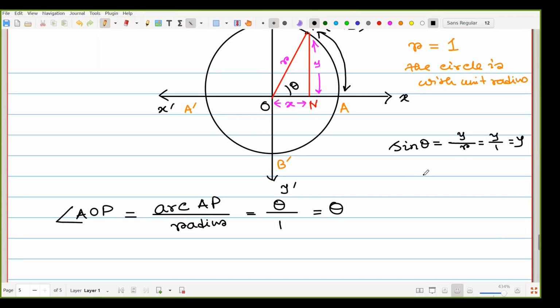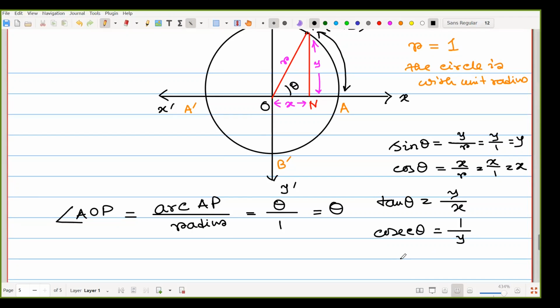So sine theta is equal to y. Cos theta is equal to x by r, x by 1 or x. Same as tan theta is equal to y by x. Cosec theta is equal to 1 by y. Sec theta is equal to 1 by x. And cot theta is equal to x by y.